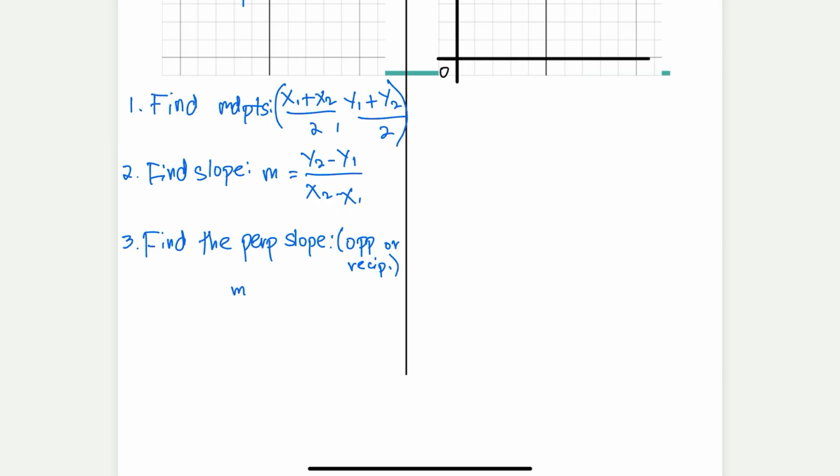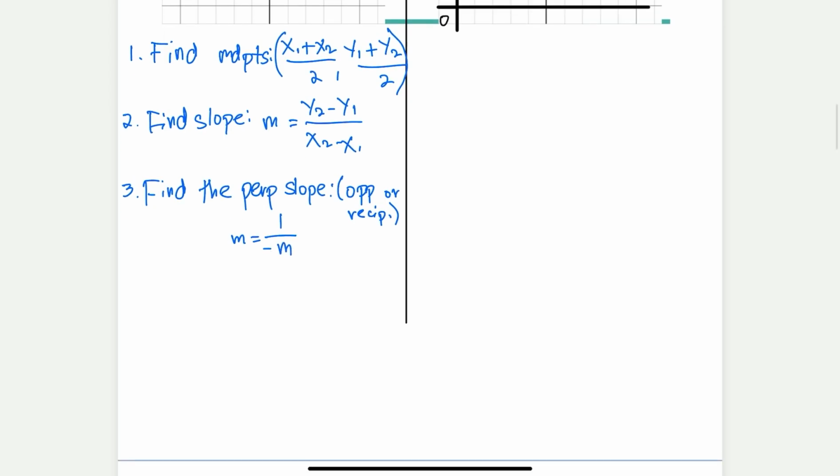The formula on that one is m is equal to 1 over negative m. Let me put the perpendicular sign.